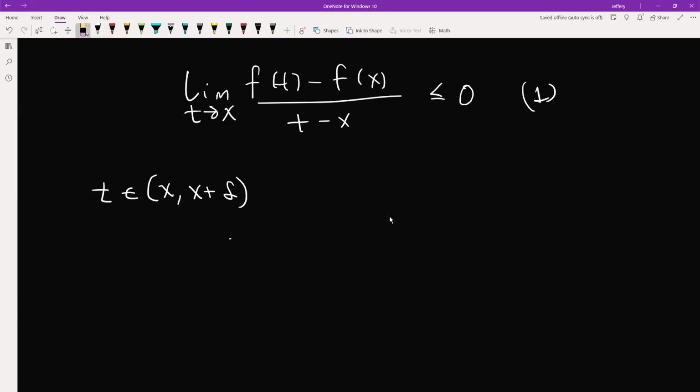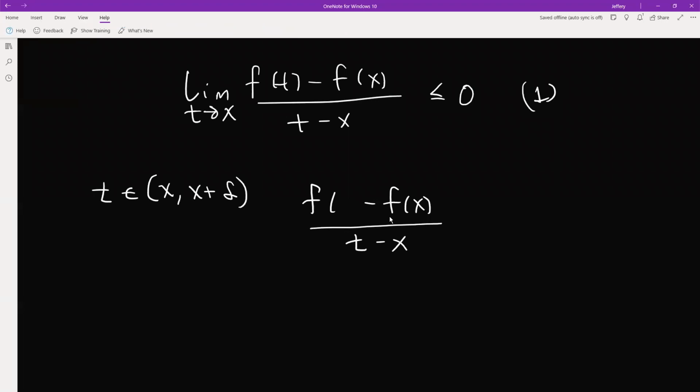So let's examine it again before I take the limit. Let's just be a little methodical here. I'm going to do f of t minus f of x again, divided by t minus x. Okay, so now this numerator is still positive because f of t is larger than f of x, since f of x is our local minimum.